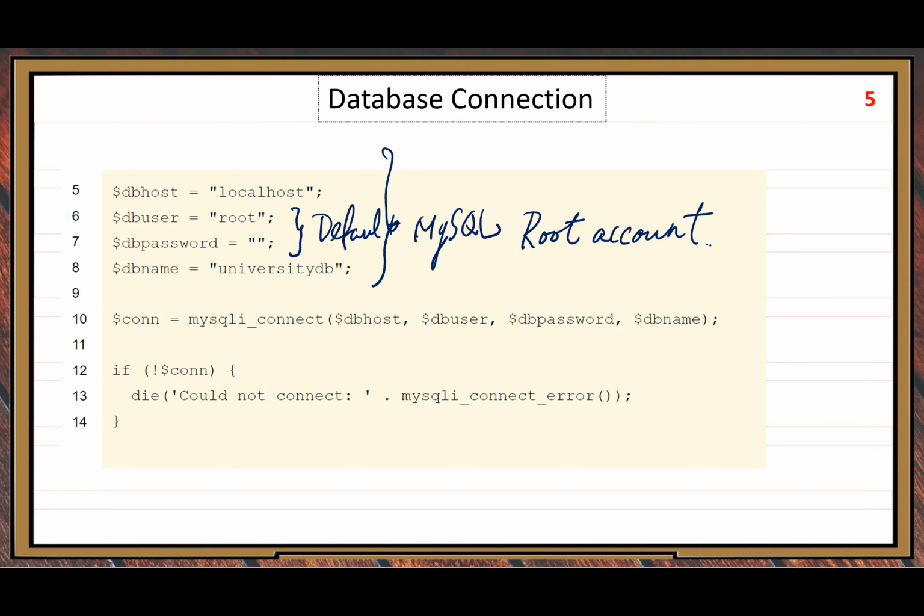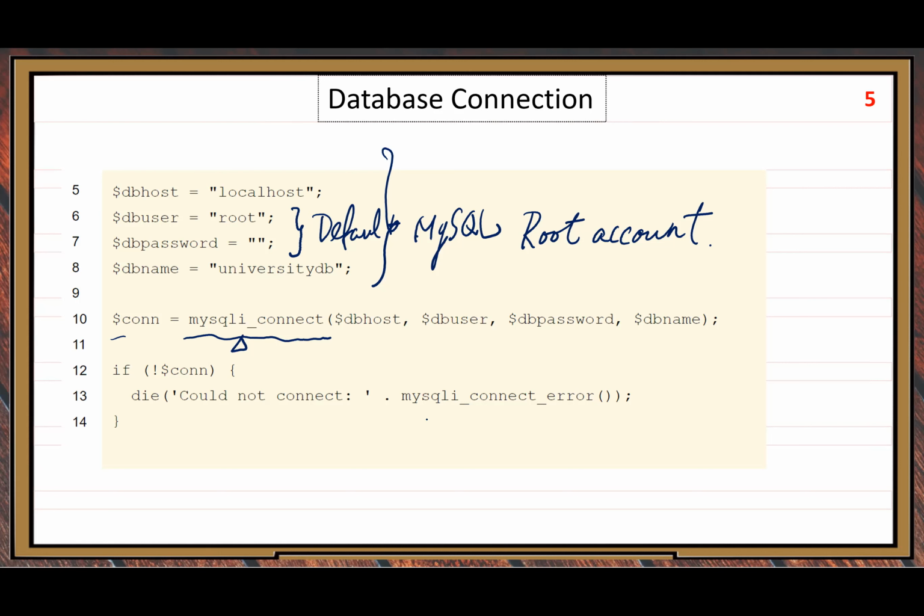Then the database name, and after that the connection object. We call this function mysqli_connect. We use the MySQL version with an i, a relatively newer version. The older version, MySQL without the i, is deprecated. So we should switch to the i version, the relatively new version.